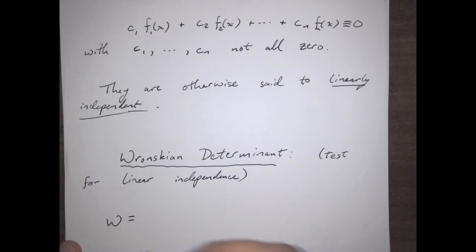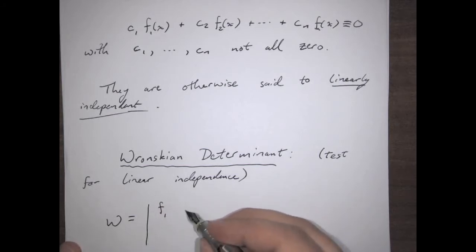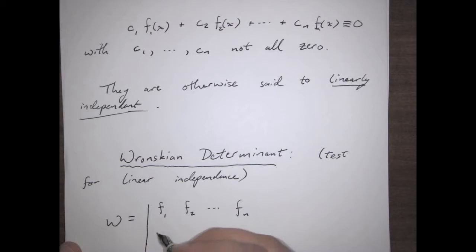And it's equal to the determinant of f1, f2, up to fn, followed by the first derivatives of those same functions, f1 prime, f2 prime, to fn prime, and then these continue down until you get down to the nth derivative.